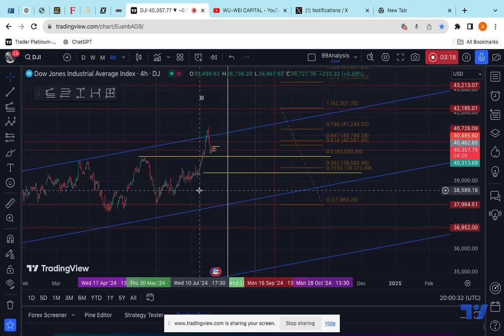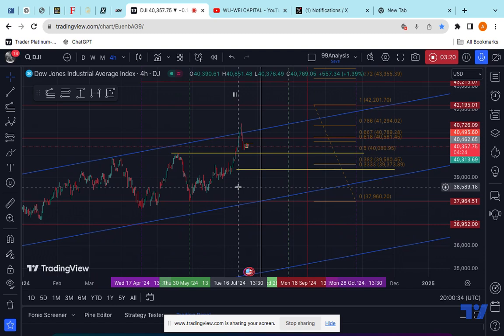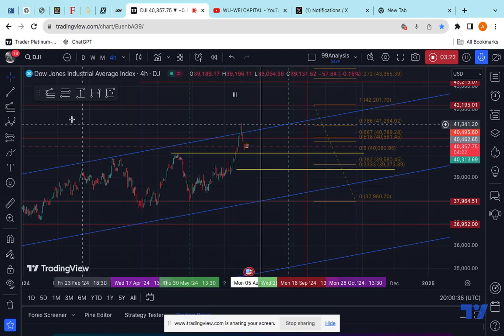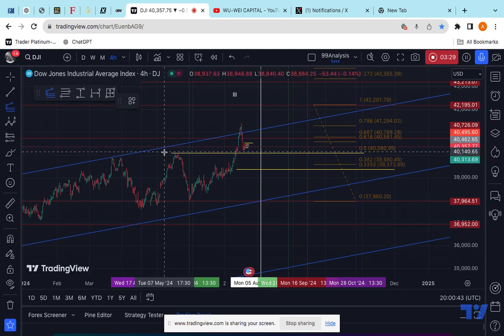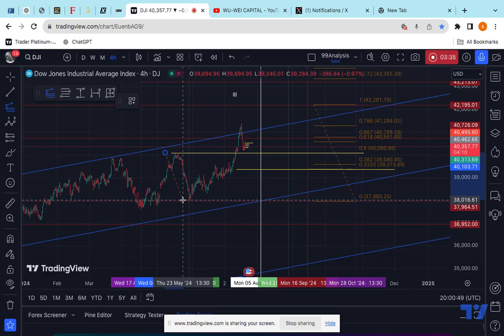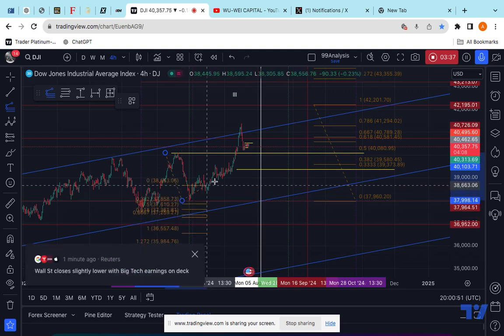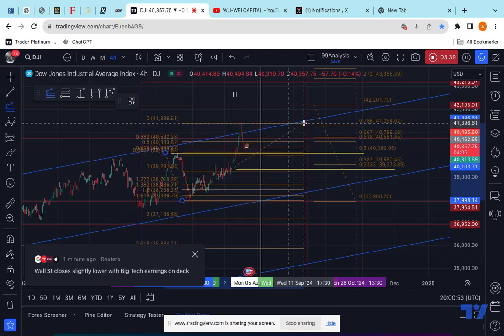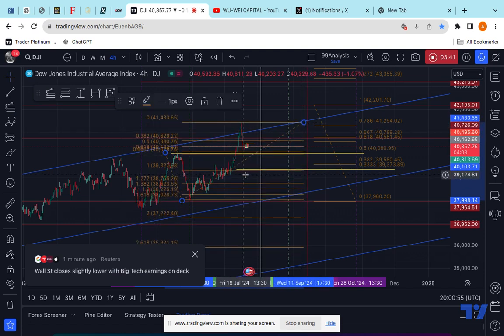So our first artillery, or our first soldier we can deploy to solve this problem, is using the 1/1 of a recent decline or a previous decline. When we compare the 1/1 of a previous decline, we have our 1/1 coming to this region.